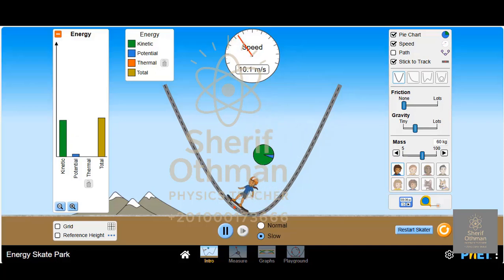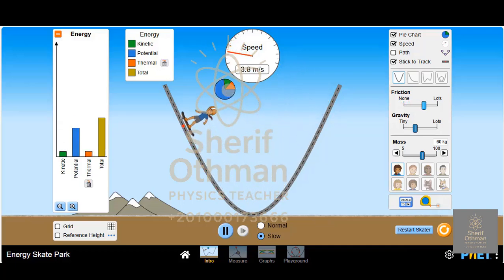The skater will keep reaching the highest point at the two sides, as there is no loss in energy. But if we add the thermal energy, which results from the friction with the surface, I'm going to increase the friction, so the thermal energy is provided.